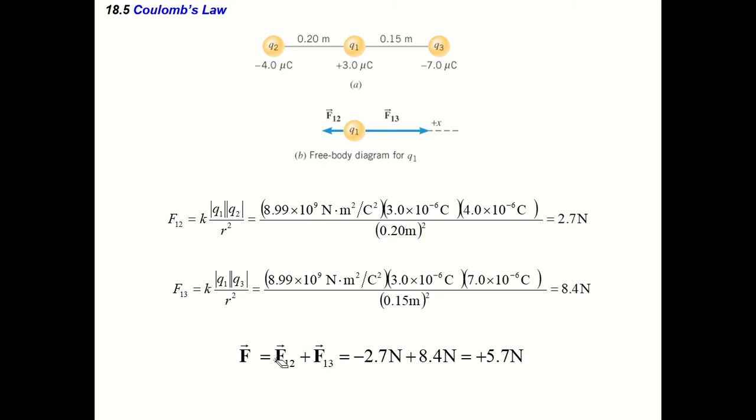Then we have the resultant force, the total force, that is the vectorial force that considers these two. So it's just the sum: F sub 12 plus F sub 13.